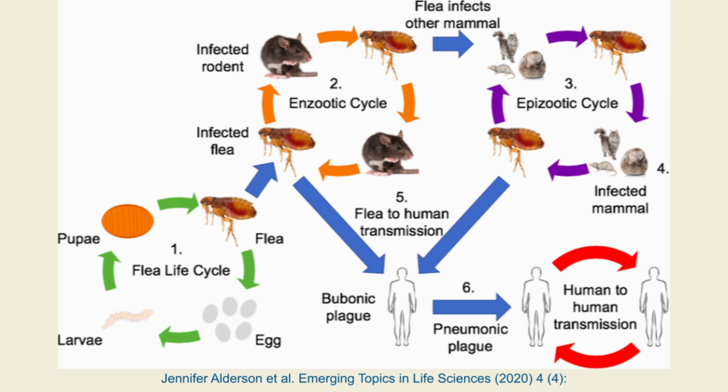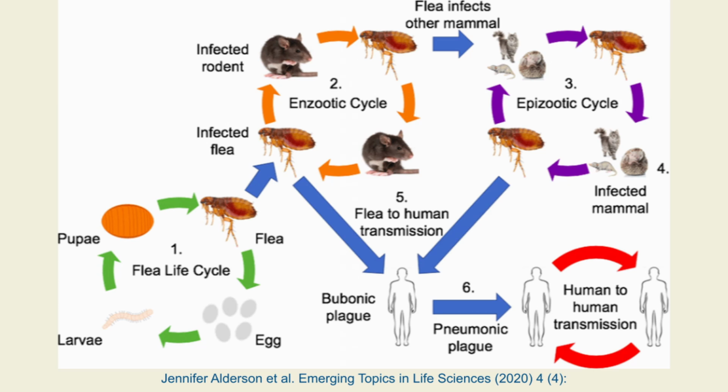That cycle continues. And it doesn't have to just be rodents. It can infect any mammals, anything that it bites. And when those fleas bite humans, that is what we call the bubonic plague.